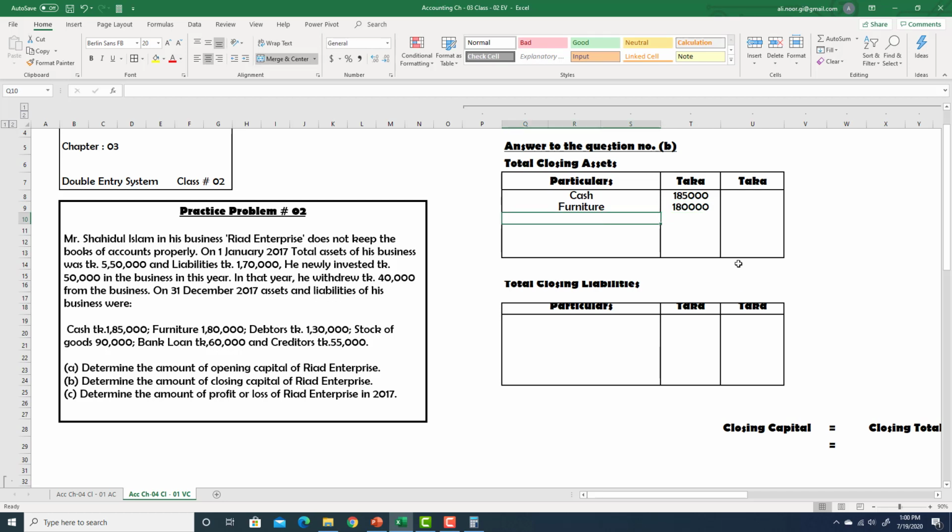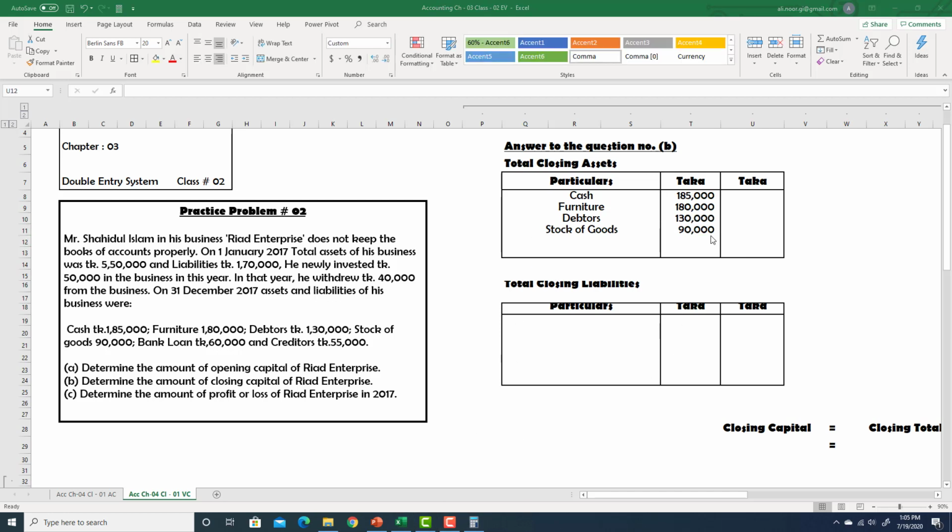Then write debtors taka 1,30,000, and stock of goods taka 90,000. Sum them up: total closing assets 5,85,000.